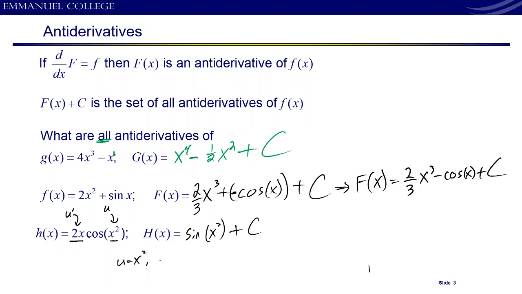So really what we would be doing is sine of u, and the derivative with respect to x of sine of u is the derivative with respect to u of sine of u times the derivative of u with respect to x, where u is equal to x squared, which gets you back to here.